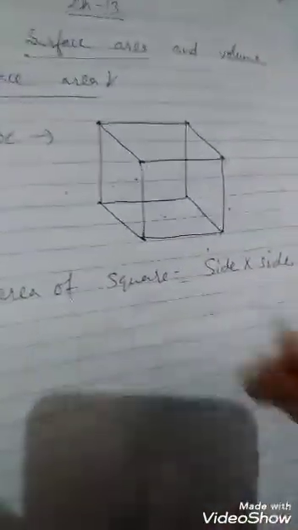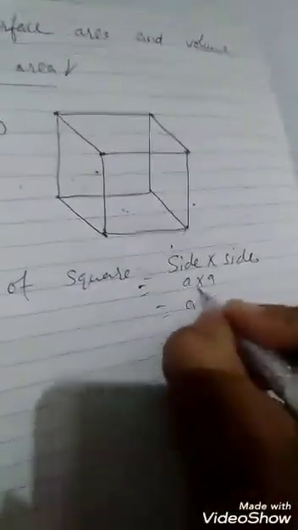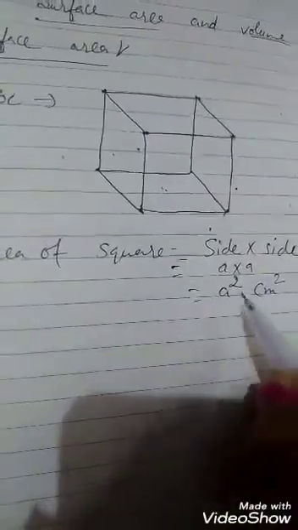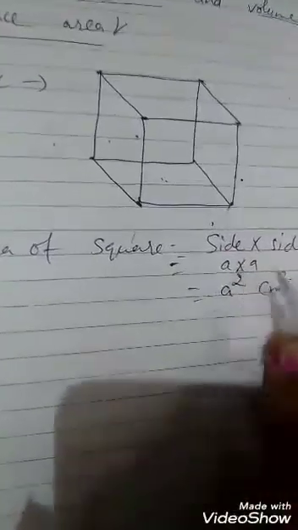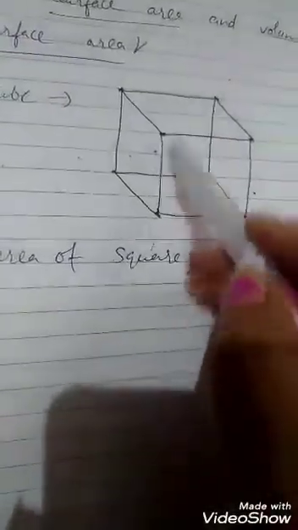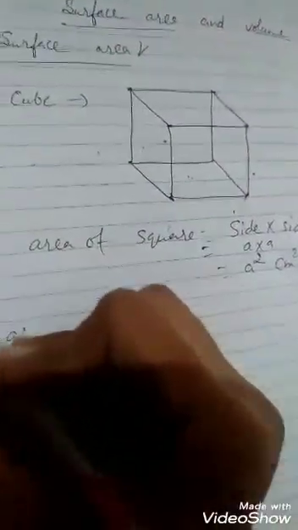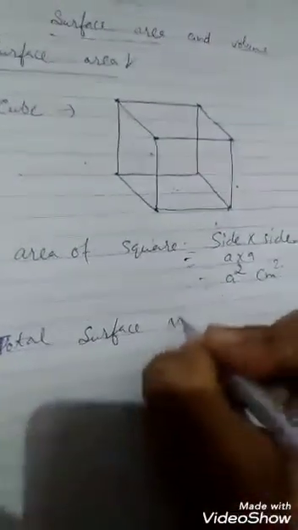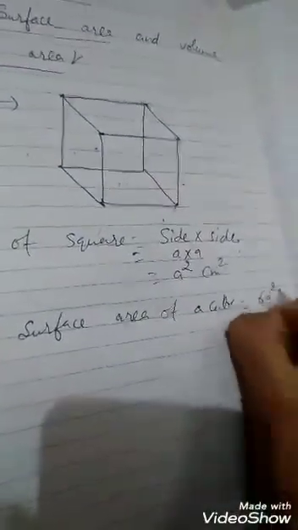If I take the side as a centimeter, then the area of a square is a into a, a squared centimeter square. The area of one side of a cube is a squared centimeter square. There are 6 sides of a cube. It means the total surface area of a cube is equal to 6a squared.